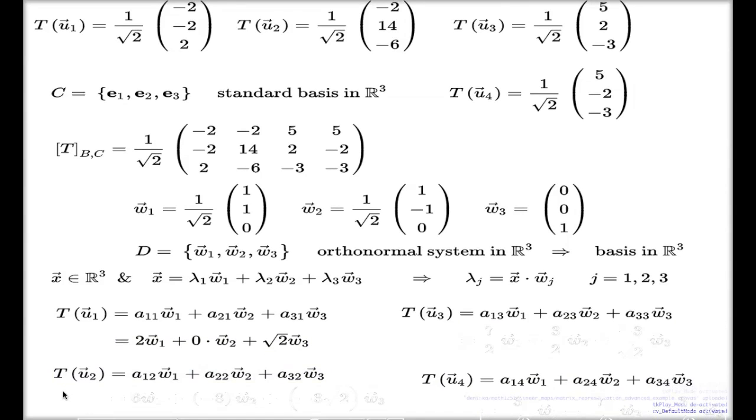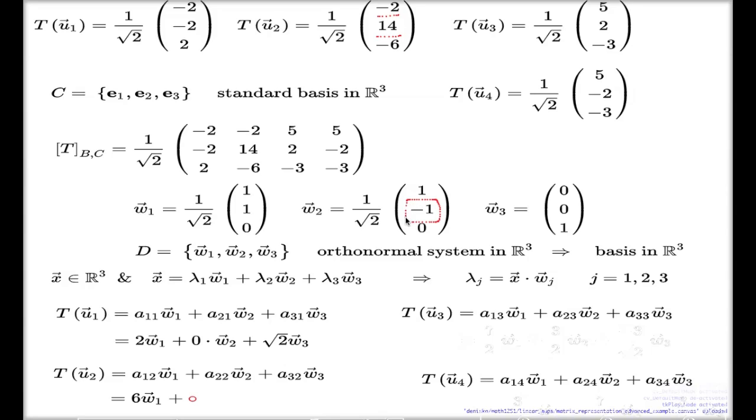I take this vector, t of u2, and dot product it one after the other with each of the w's. We can do it from the top of my head again. The common coefficient here gives me 1/2, and here it will be negative 2 plus 14, which makes it plus 12. By 1/2, it's 6. The second one is negative 2, negative 14, right? Because it's negative 1 here.